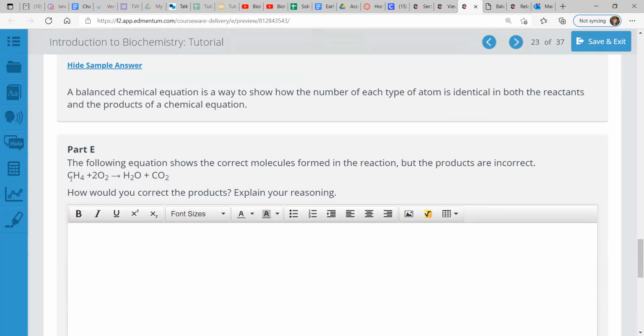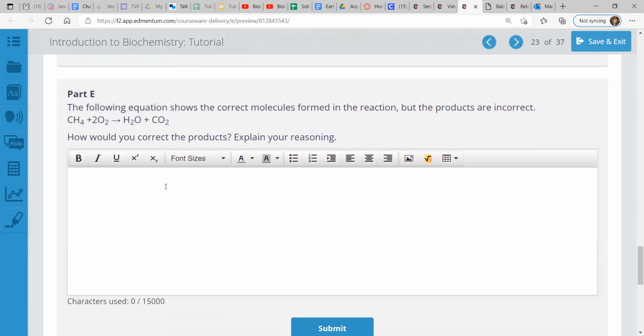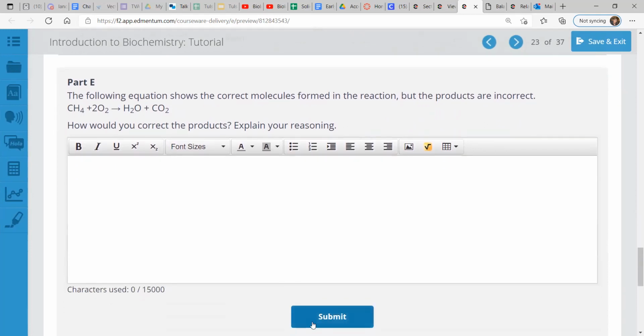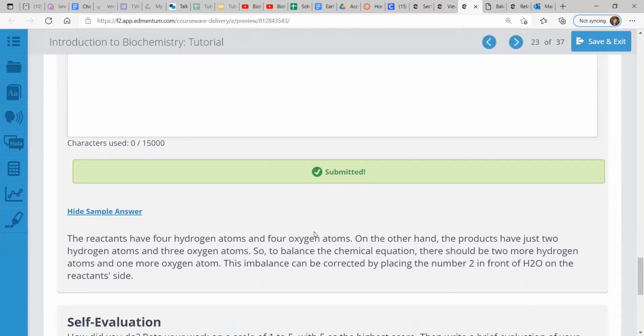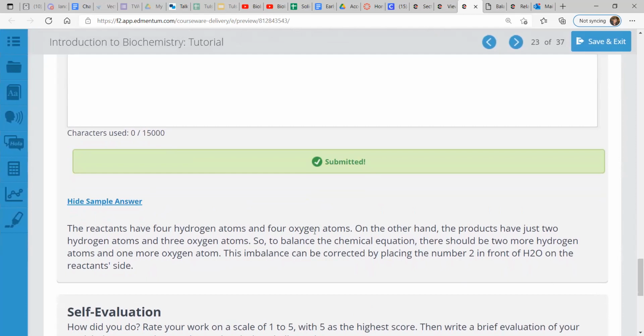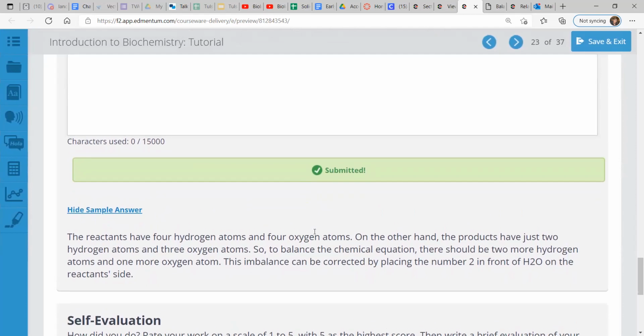All right, so we got methane, we got oxygen, we have water and CO2, but it's not balanced. So there should be 2 more hydrogen atoms and 1 more oxygen atom. This imbalance can be corrected by placing the number 2 in front of H2O on the reactants side.